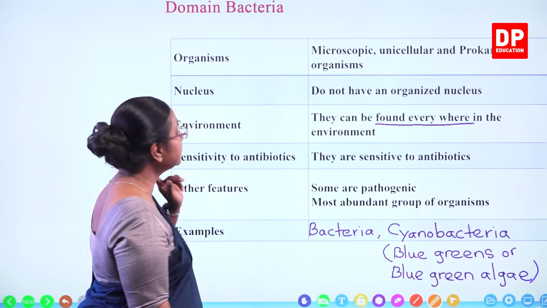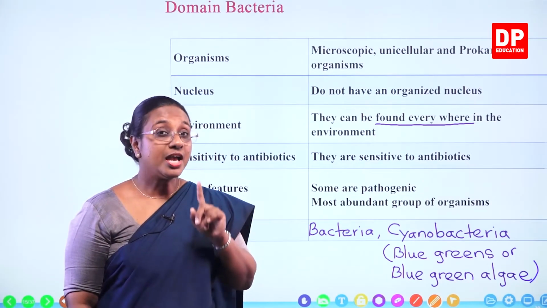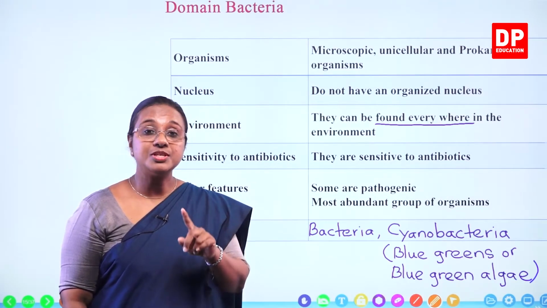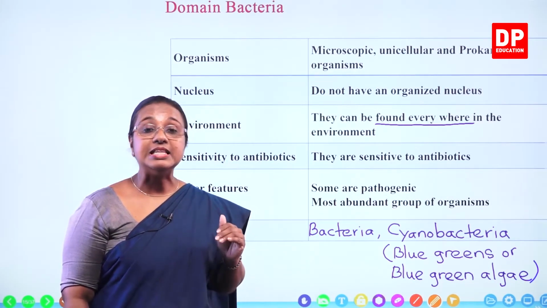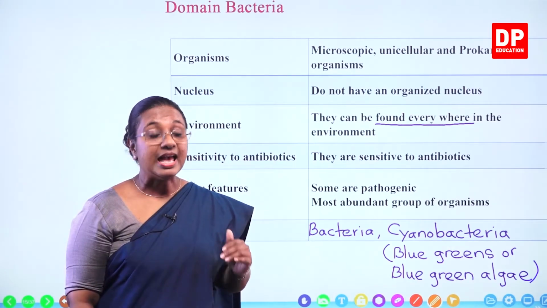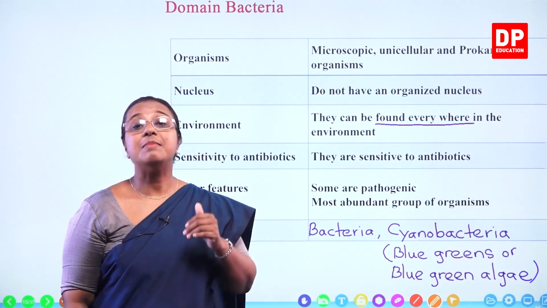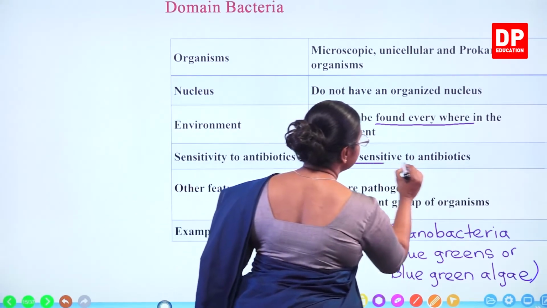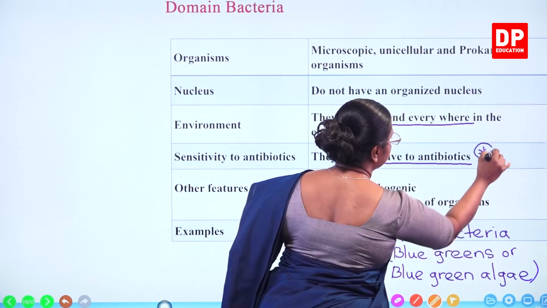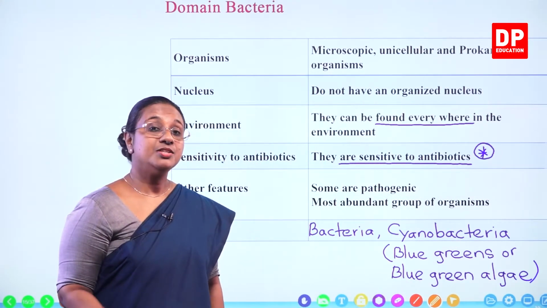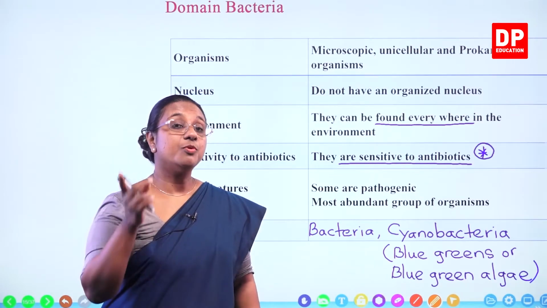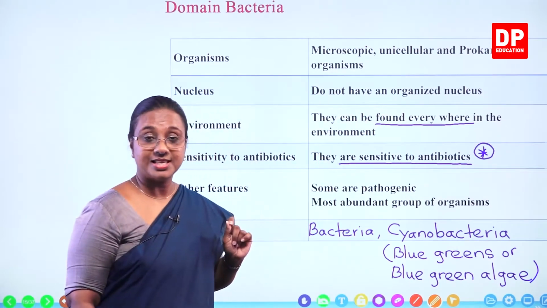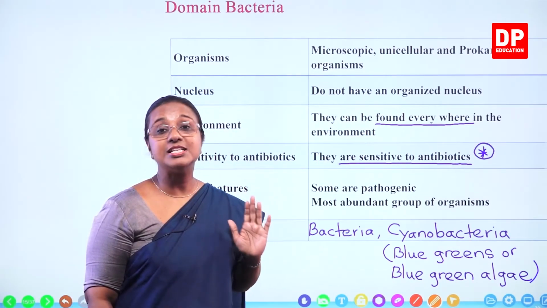Then if you consider the sensitivity to antibiotics, I told you all about Penicillium. Penicillium is a fungus that produces, or from that fungus we get the antibiotic penicillin, and we use that against bacterial infection. So that means bacteria, they are sensitive to antibiotics. So this is a difference. So now can you all understand, students? Both domain archaea and domain bacteria, they are both prokaryotic cells. They do not have an organized nucleus.